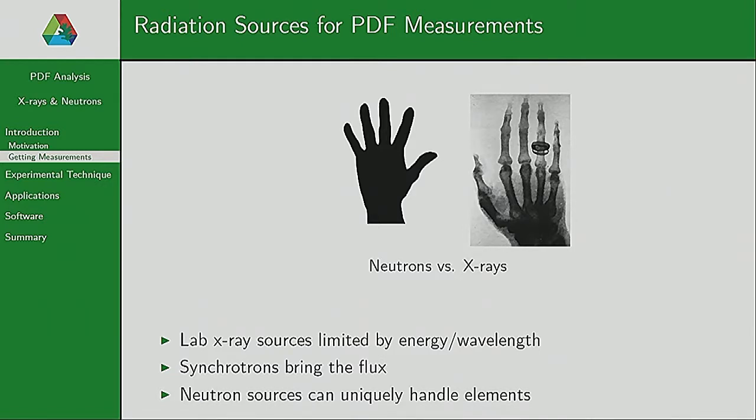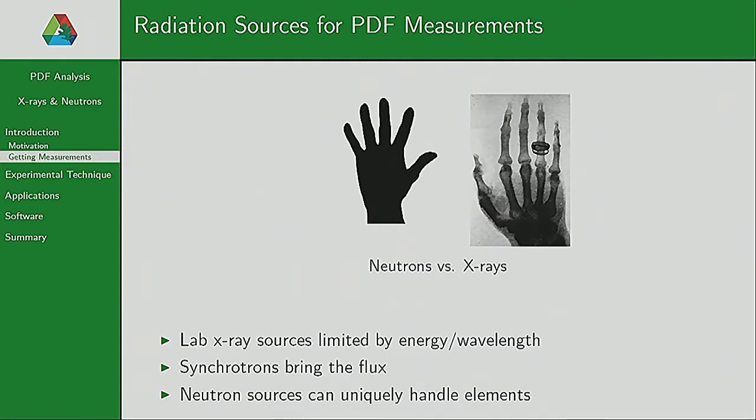The downside of using lab X-ray sources, where you usually have something like a copper anode, so an 8 keV X-ray beam, is that you're extremely limited by how far out into Q you can go. However, with synchrotrons, you no longer have that problem, and you also get the big advantage of all the flux that comes with it.